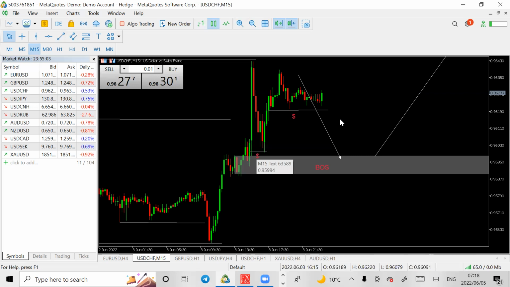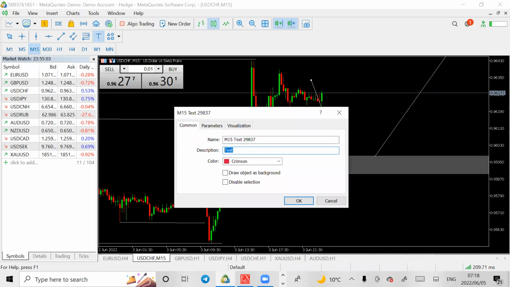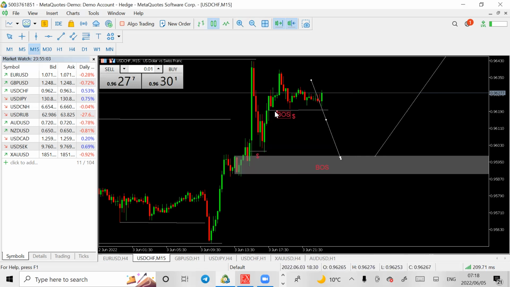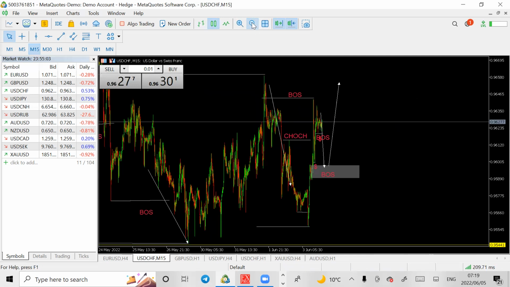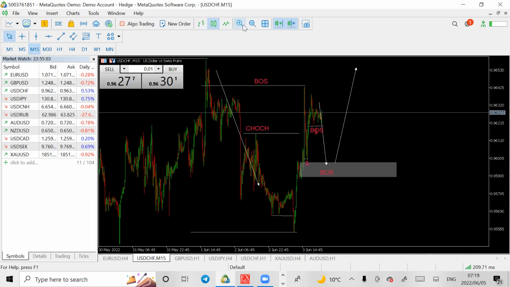We're expecting USD Swiss franc to first come and clear out all this, all this what? Okay, this is the BOS. If it takes it out, it has to first clear out all this liquidity, all these stop losses, before continuing to buy. Exactly. So that's our anticipation on 15 minutes.